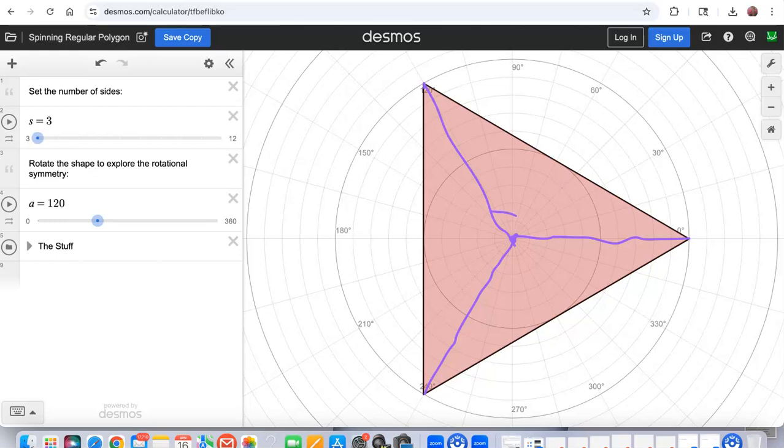Notice we have three angles on the inside. We have this angle, this angle, and this angle. I'll put them in a different color just so that you can know that this is one angle and this is another angle. And then there's the other purple angle.